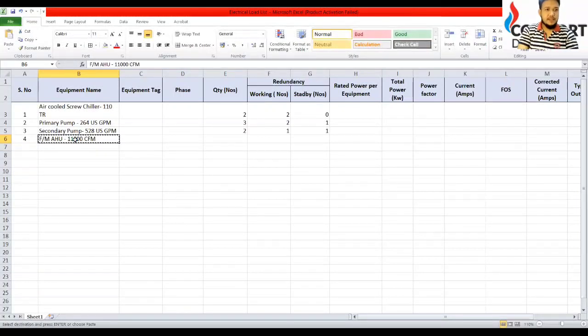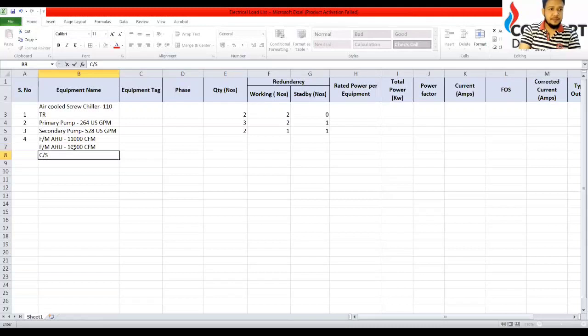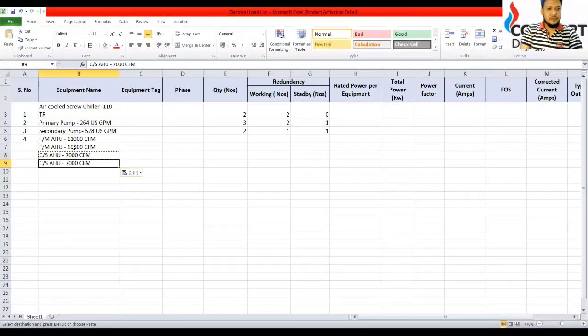Then again we have one of 10,000 CFM. Then ceiling suspended AHU, this is of 7,000 CFM. Again we have ceiling suspended AHU of 5,000 CFM.